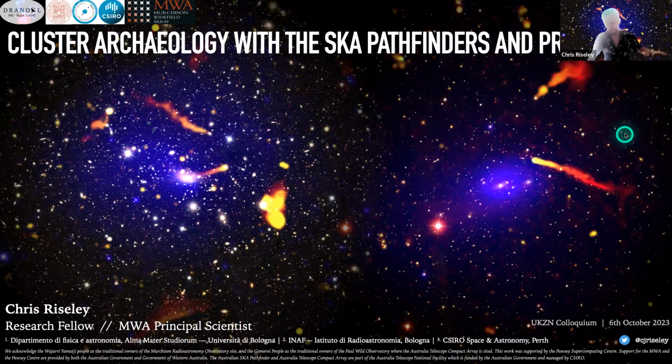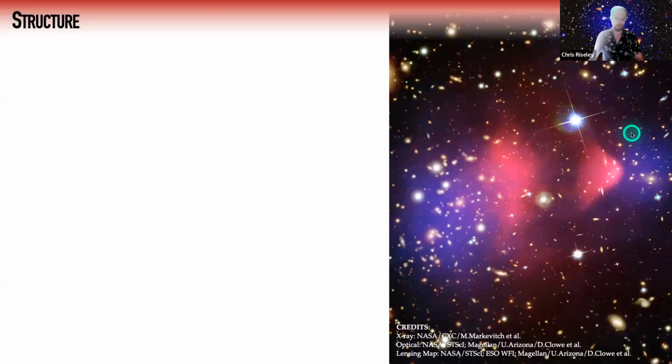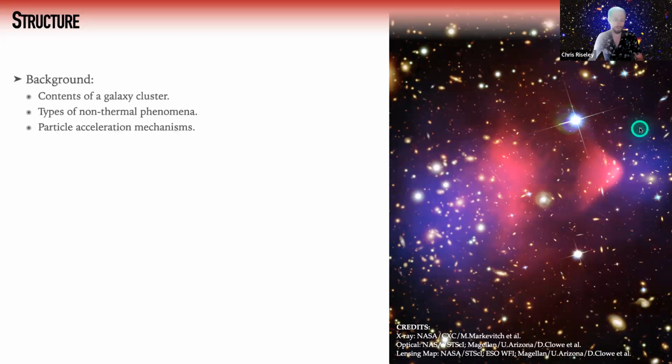I'm going to be casting a wide net and going into as much detail as I have the time for. So the structure of this talk, as well as seeing many hopefully pretty pictures, I'm going to tell you all about the contents of a galaxy cluster, the types of non-thermal phenomena that we see in clusters, and particle acceleration mechanisms.